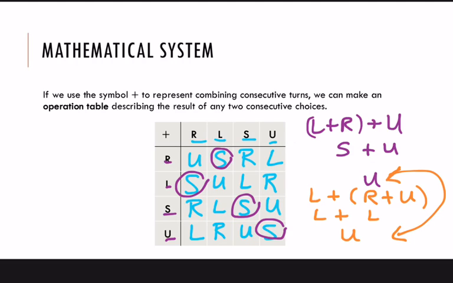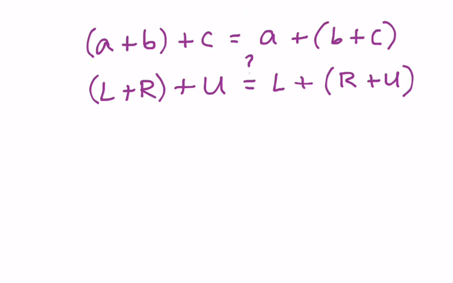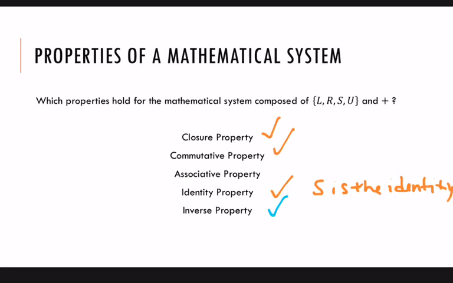So at this point you might make a guess or a conjecture that this is associative. You could try a couple other examples if you wanted to make a better guess or be a little more confident of your answer. So you'll just have to trust us on this one. This system is associative. That property does hold. I would probably never ask you to prove this, but rather just try a couple examples and then make a conjecture.